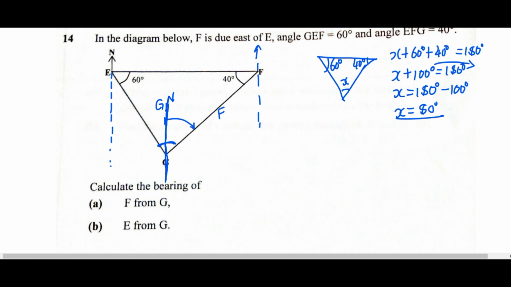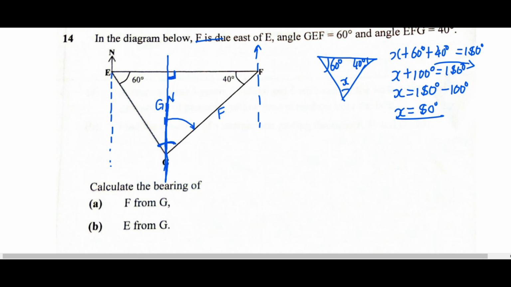Let's look at F, which is due east. If we are to extend this line here, one thing that we need to also understand is whenever we are told F is due east or west, it means that this line and this line are perpendicular, so we are forming an angle of 90.